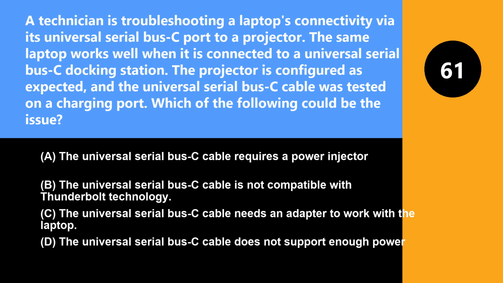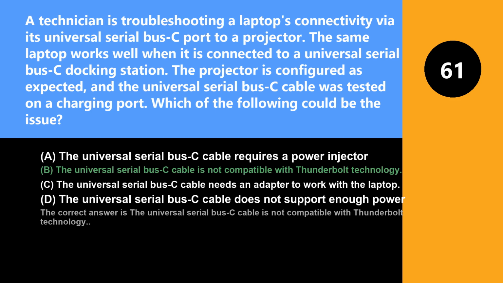Option B. The Universal Serial Bus C cable is not compatible with Thunderbolt technology. Option C. The Universal Serial Bus C cable needs an adapter to work with the laptop. Option D. The Universal Serial Bus C cable does not support enough power. The correct answer is option B. The Universal Serial Bus C cable is not compatible with Thunderbolt technology.